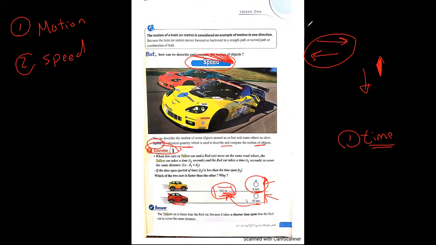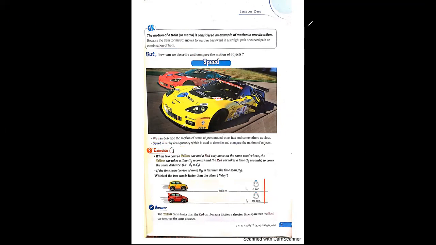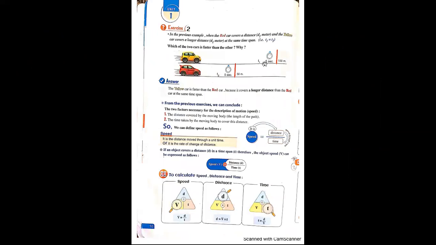Let's take another example on speed, time and distance. Exercise 2. I have two cars, one yellow and the other red. The first car takes 5 seconds to cover 100 meters.